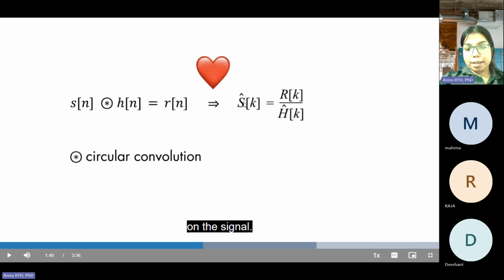Then only is S bar k equal to rk by hk. So that is one trick. That's why we make sure that only circular convolution exists in the time domain. In that way, we add a cyclic prefix or whatever is required to make this equalization easy at the receiver.